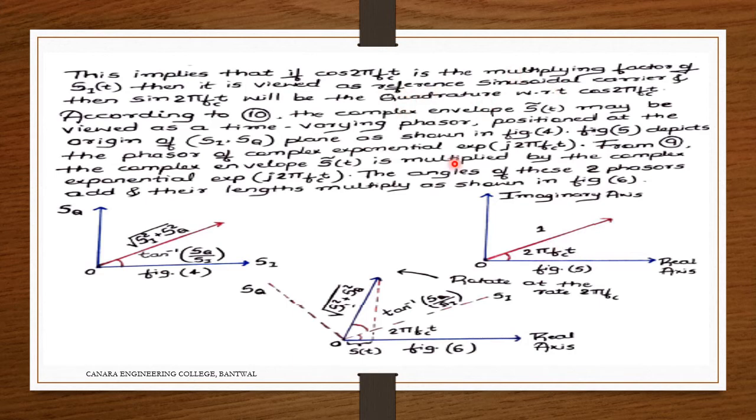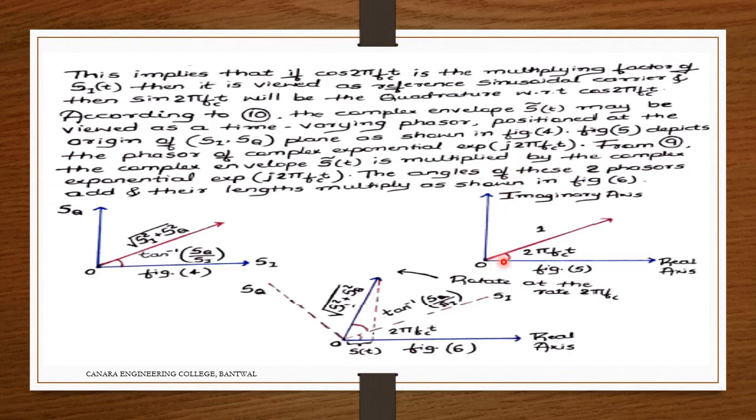So what we discussed at this point has been plotted here. 2 pi fct will be the reference, and that cosine will be the in-phase component. This depicts the phasor of the complex exponential, that is, e raised to j2 pi fct. So with the help of this, we get this.